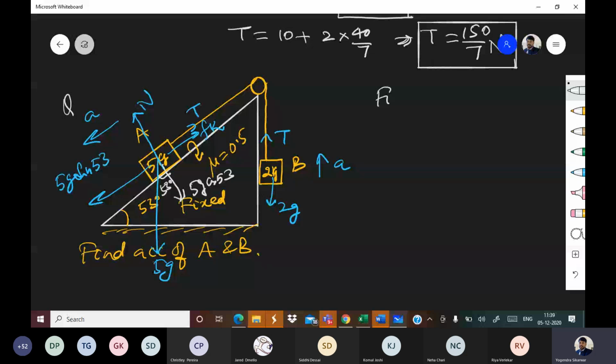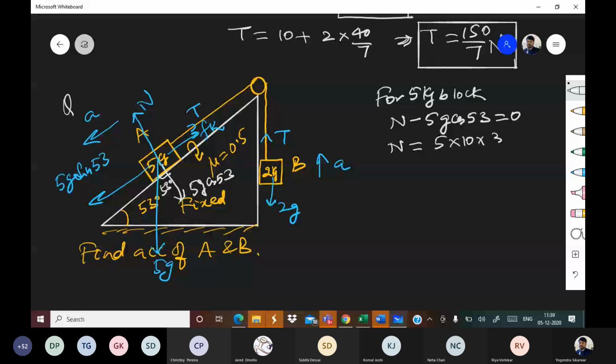So for 5 kg block, N minus 5G cos 53 is equal to 0. So N will be 5 into 10 into cos 53, which is 3/5. So that comes out to be 30.